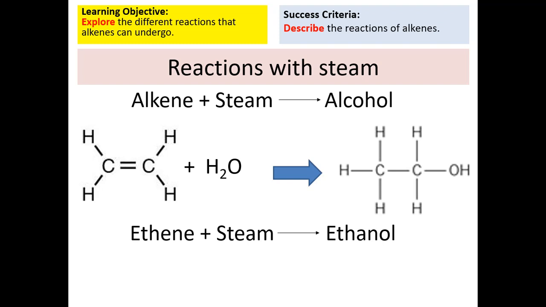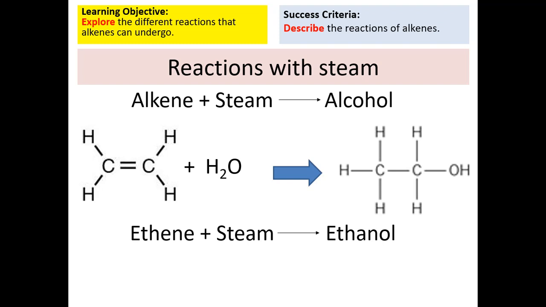So what you can see has happened is that the water has added on and the OH has gone on the end to make the alcohol, and on the other carbon you've had an extra hydrogen. So one of those hydrogens from the water has gone on the first carbon atom, and then the H and the O that remain have formed an alcohol functional group on the final carbon atom.